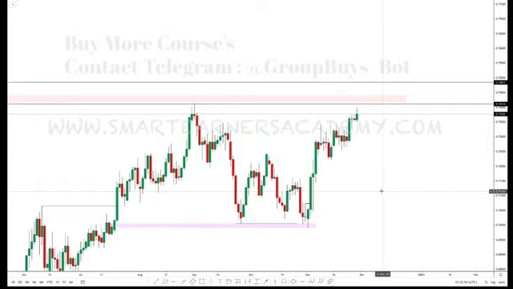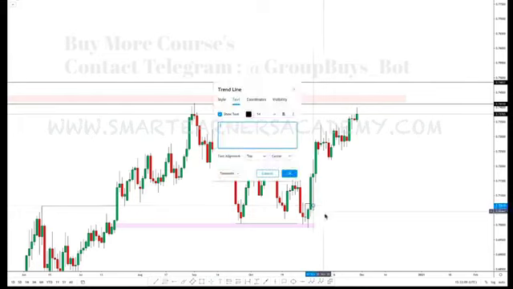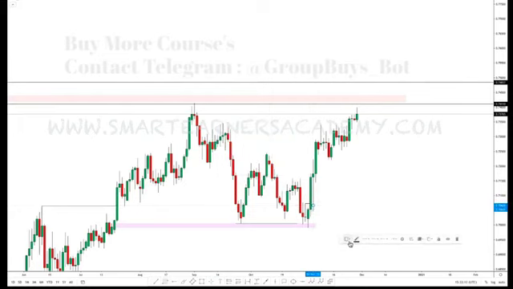Indicators will never give accuracy, and I'd rather use something simple so I don't complicate my charts. Actually, the only indication that's not lagging is divergence. That's all. Everything else is lagging.